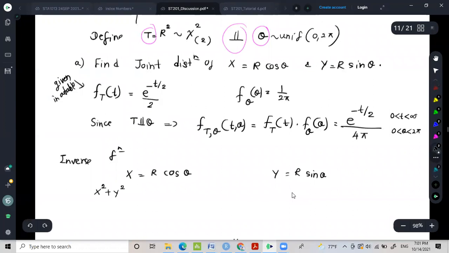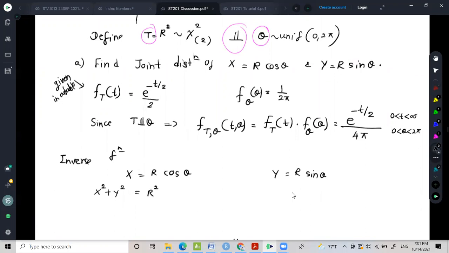Whenever you see this R with sine and cosine, the first thing that comes to mind is sine square theta plus cos square theta. That means their squares sum to 1. That is a very widely used, very common identity in trig.